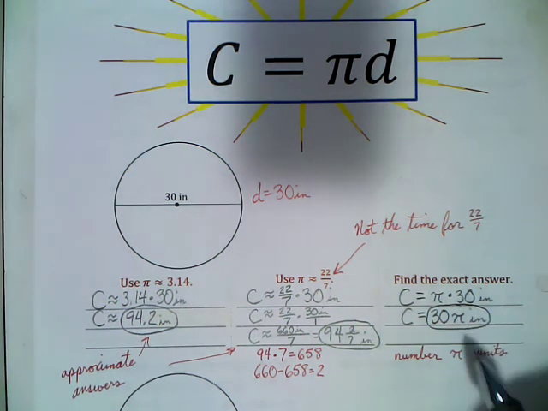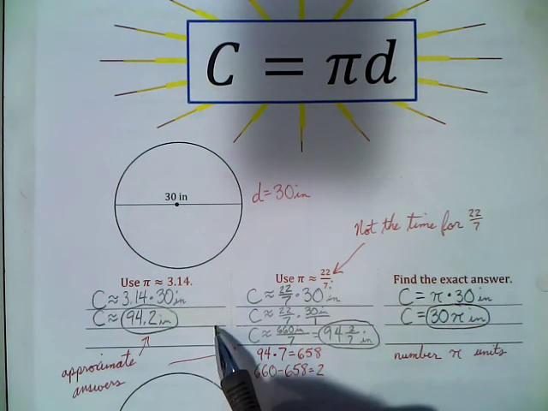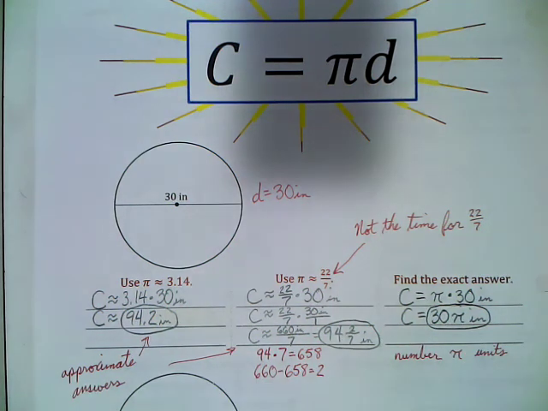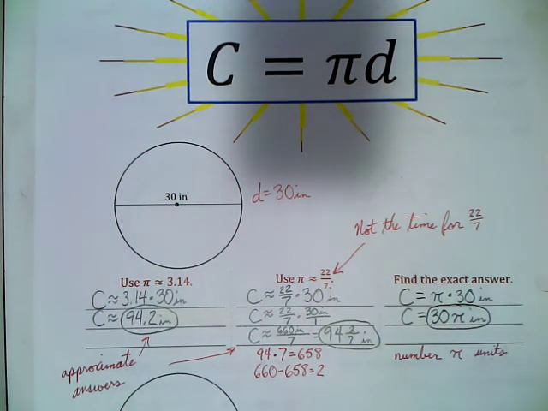Well, then they can do that, and they can see that it would be about 90 inches. It's not as accurate, but it might be good enough for them. Maybe somebody else needs it even more exact, and so they need more digits of pi. And so maybe they approximate pi as 3.14159. They have the option when I hand off an exact answer. That's one of the benefits.